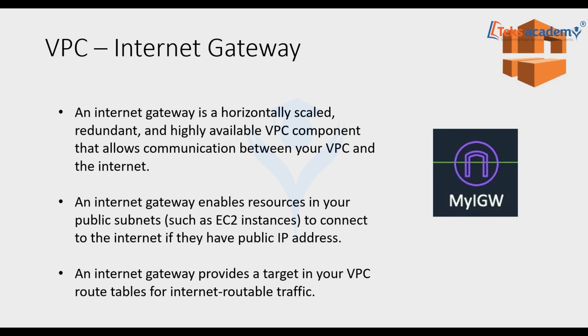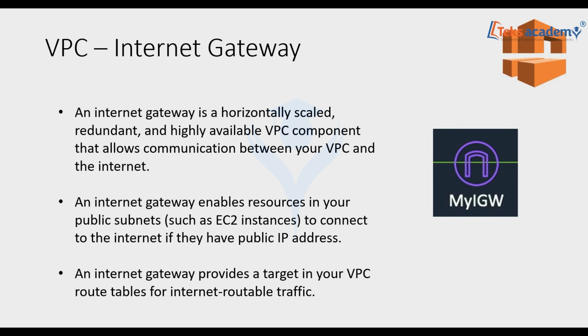This virtual component created in the VPC enables the resources, especially in the public subnet, to get connected to the internet. The resources within the public subnet will have a public IP address, and using that public IP address, they get connected to the internet.